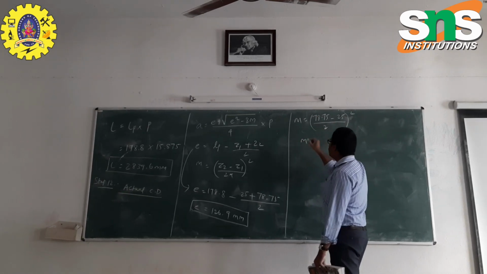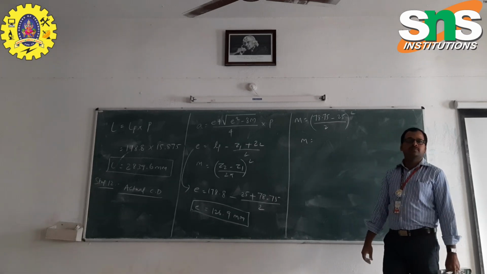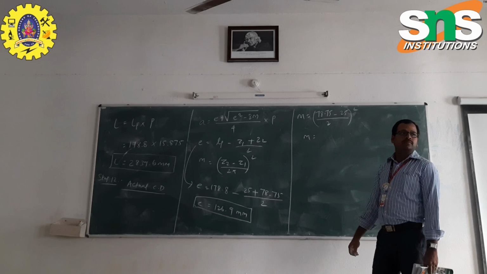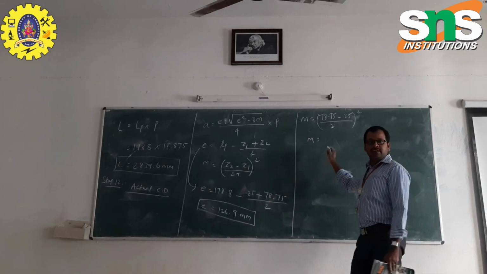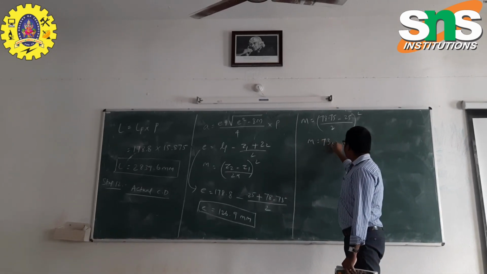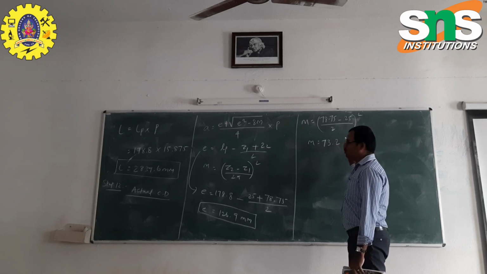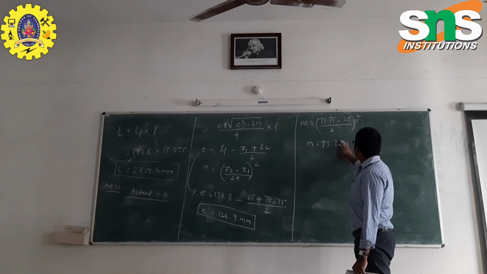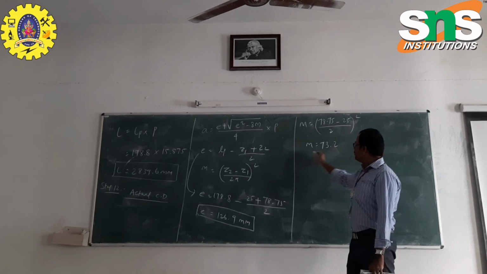So m is equal to 73.18, as 2. Am I right? It is only a ratio, so it is unitless.